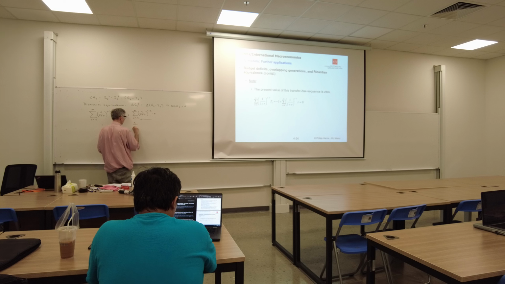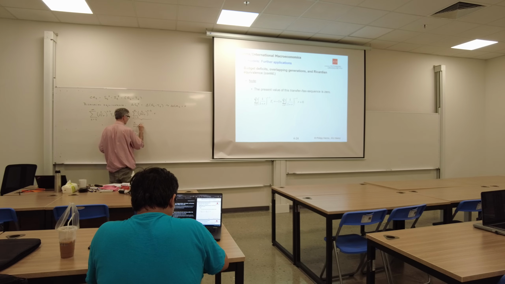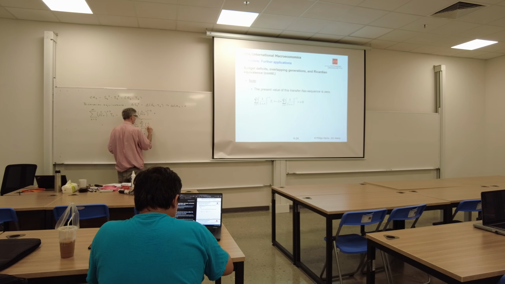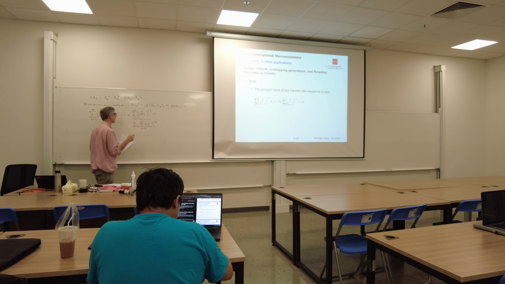This is like 1 over 1 plus r, the sum from s equals 3 to infinity of 1 over 1 plus r to the power s minus 4, s minus 3, right? The reason is what has changed.